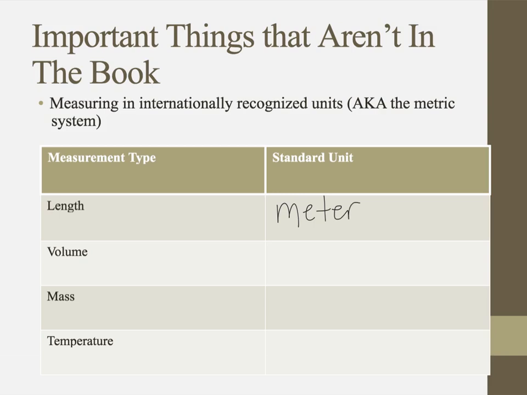That's metric, and we abbreviate that with an M. For volume, that is the liter, an L. For mass, that is the gram, or G. And for temperature, we're going to be using Celsius, or capital C.